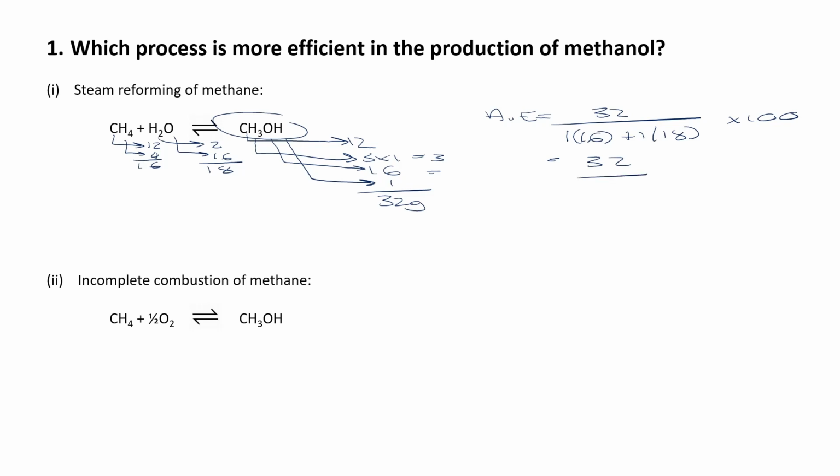This leaves us with a sum of 32 divided by 34 times 100 and an atom economy of 94%.